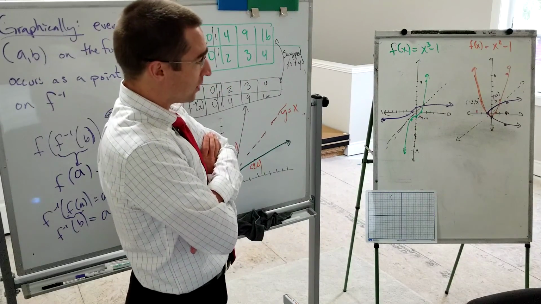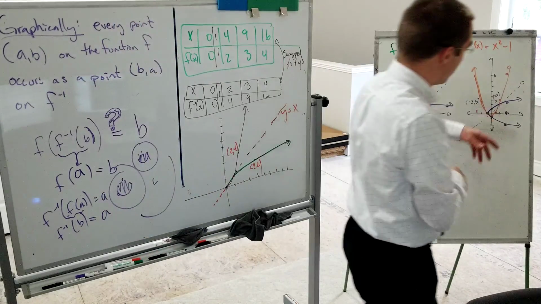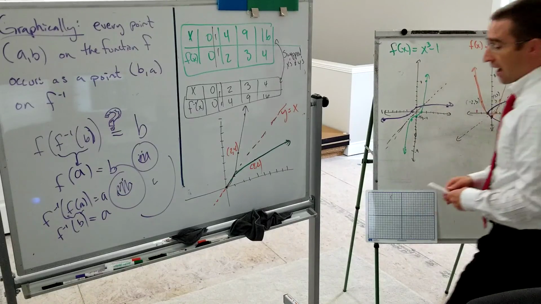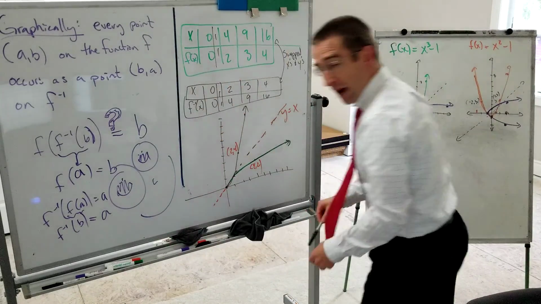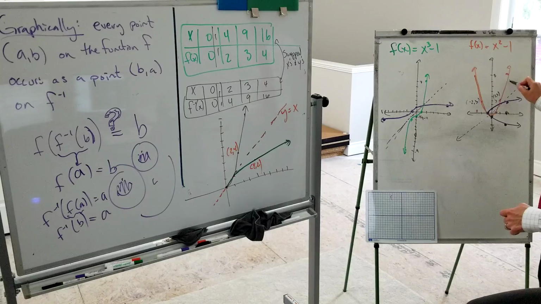This one's not a function because this sideways parabola does not pass the vertical line test. In other words, when x is 3 here, I have two outputs.